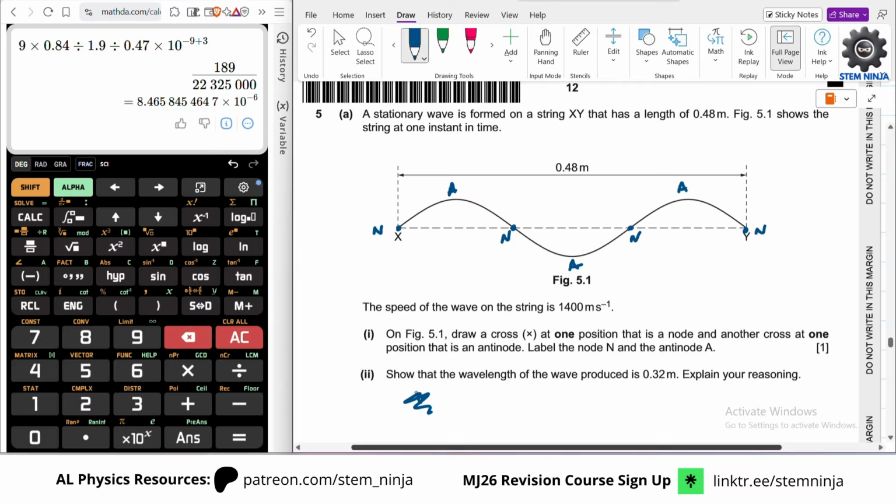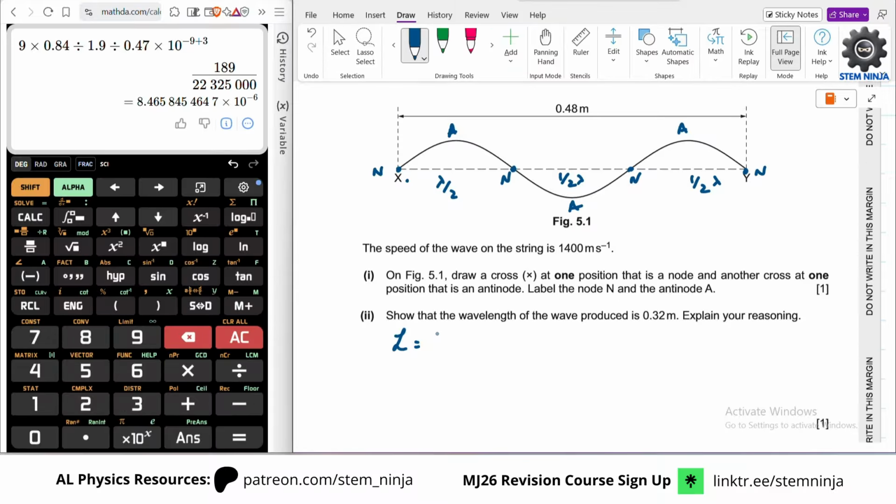So the total length is 0.48, and that is equal to, see, node to node is half wavelength, another node to node is half wavelength, this is half wavelength. So basically it's 3 by 2 wavelength.